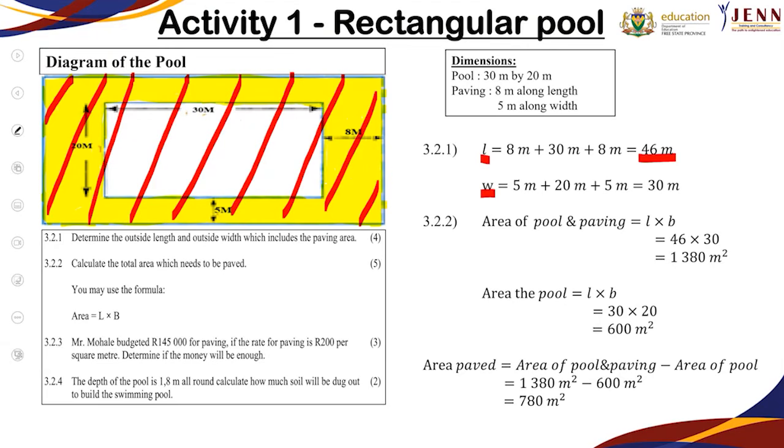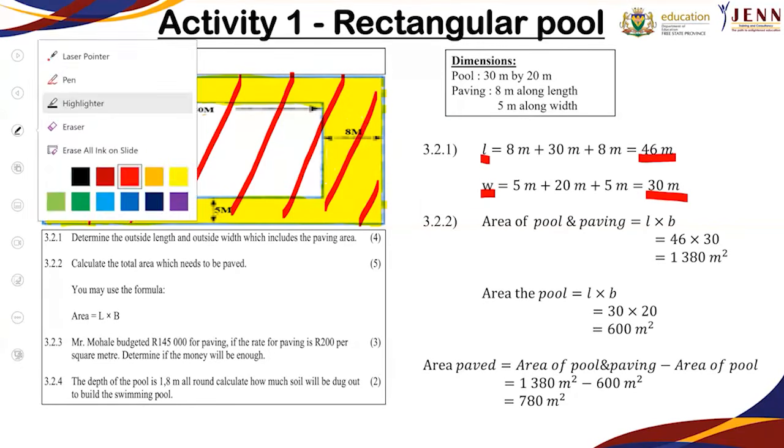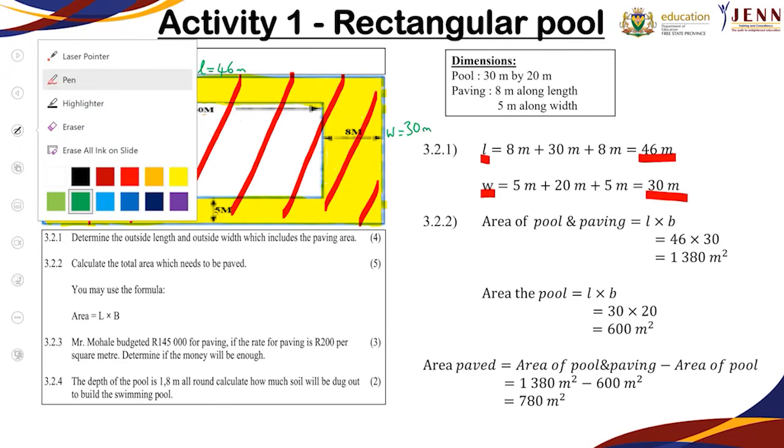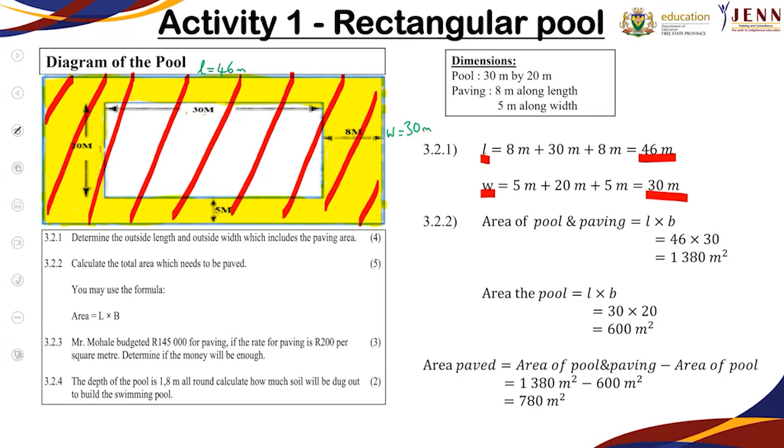The width was 30 meters. Just going to write it down here. So the length of the pool and the paving was 46 meters, and the width was 30 meters. So I can first find out what is the area of the pool and the paving. Then I can subtract the area of only the pool.